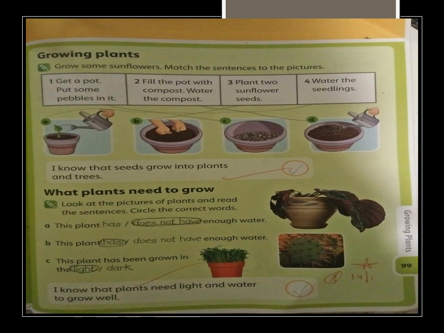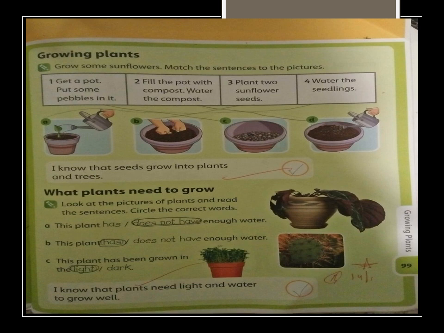First statement we have, get a pot, put some pebbles in it. So which picture is showing that? Yes, picture number C. You have to match the first statement with picture number C. Number 2, fill the pot with compost, water the compost. Yes. Then secondly, you have to fill the pot with compost and then water it.